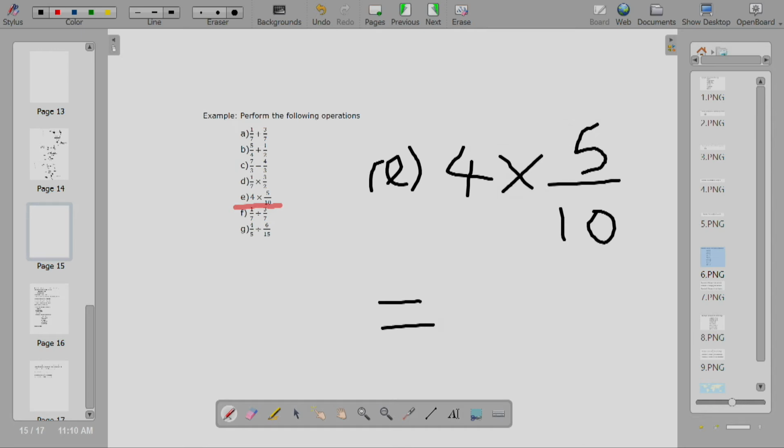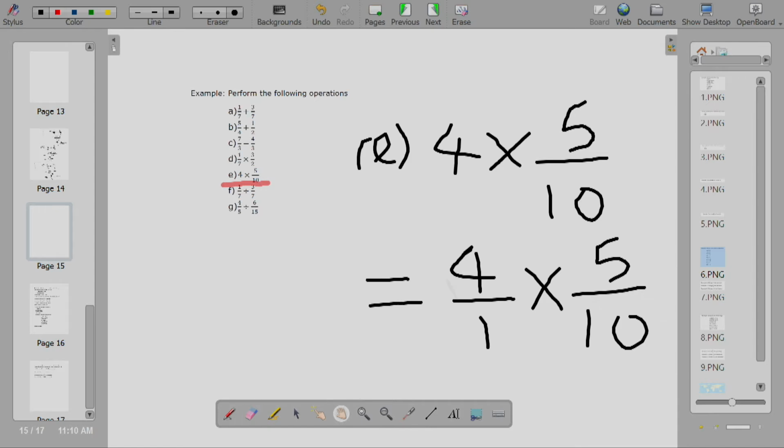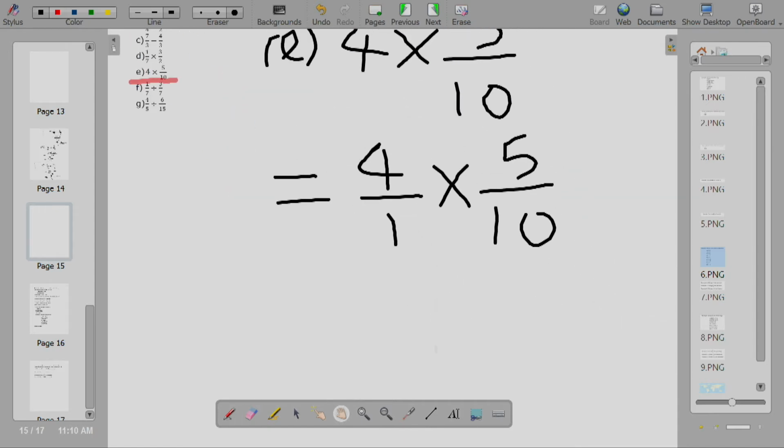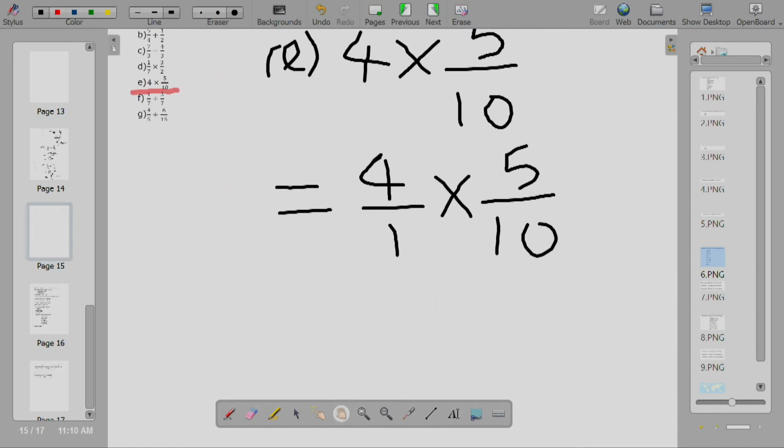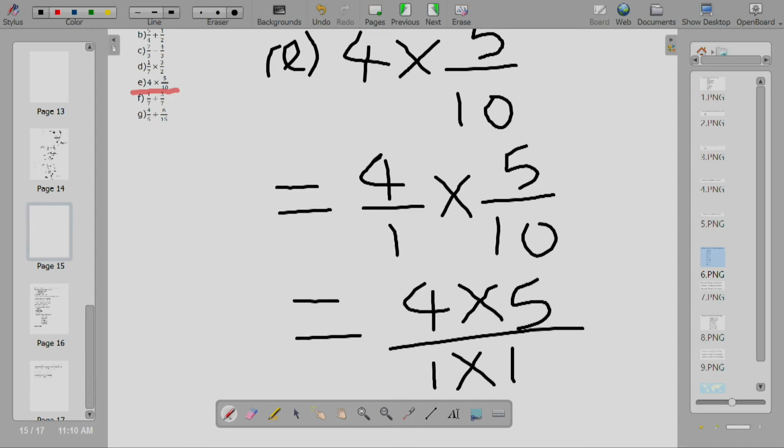So it will be equal to 4 over 1 times 5 over 10, which is 4 times 5 over 1 times 10.